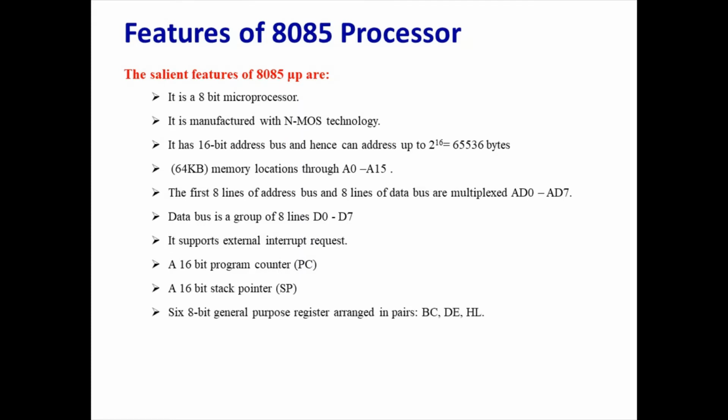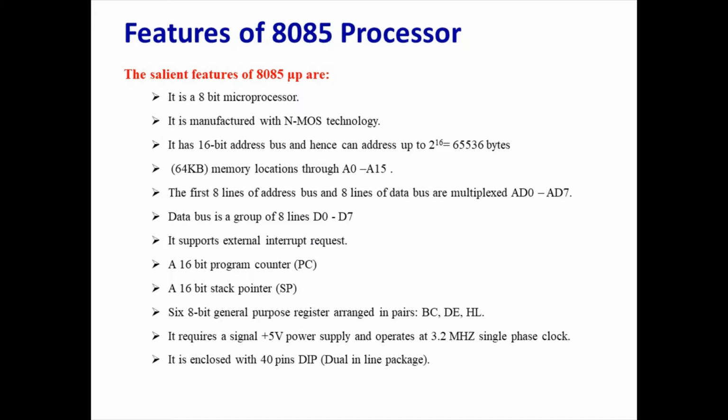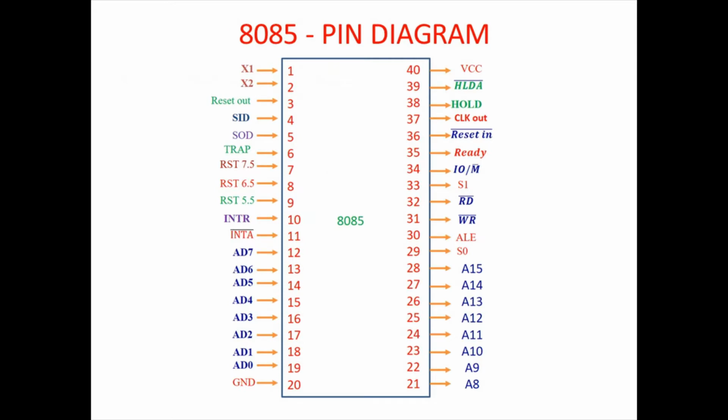It has 6 general purpose registers, B, C, D, E, H, L, and it operates on a plus 5 volt power supply at a 3.2 megahertz single phase clock. It is also packed in a 40 pin IC. So these are the features of the 8085 processor.